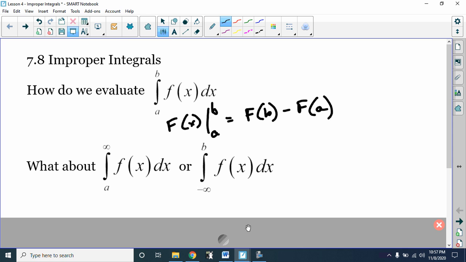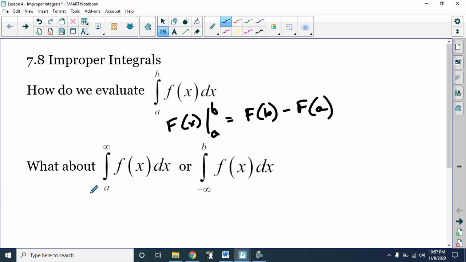The question we're looking at now is what if instead of b or instead of a, we either have positive infinity or negative infinity. So we want to know how much area do we have starting at a and going all the way up to infinity. And a lot of times, my graph looks like this, and I have a right here, and it continues to go up.